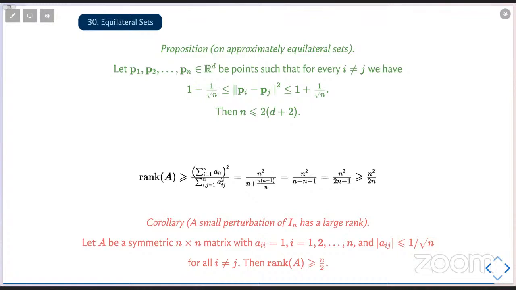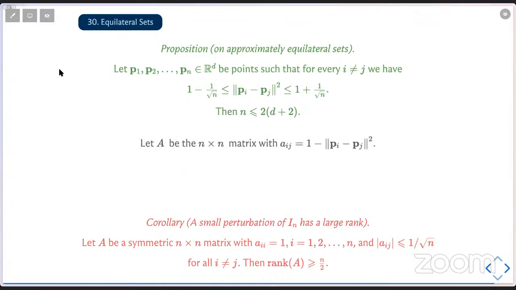Okay, super, thank you. We will then proceed by considering this n by n matrix where A_ij is defined to be 1 minus the square of the Euclidean distance between the ith and the jth point, P_i and P_j.